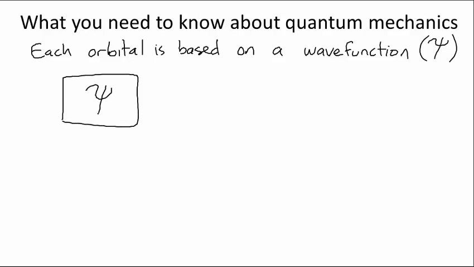Psi is the wave function. The input is any point in space around the nucleus, and the output is you get some number that has actually no physical meaning.